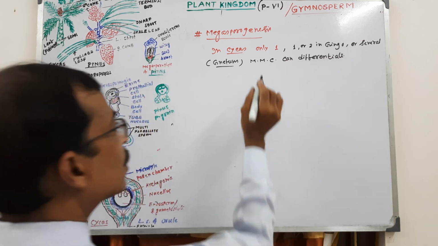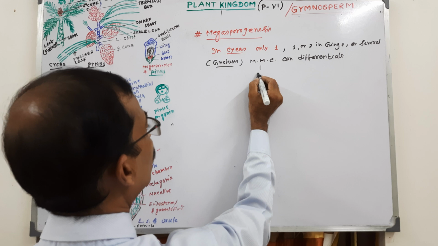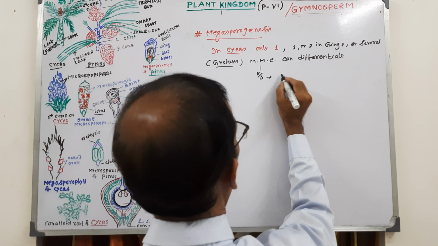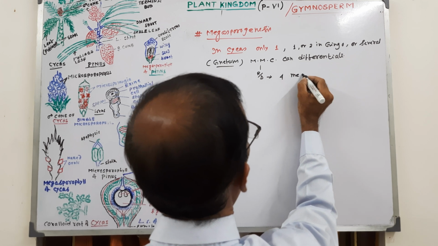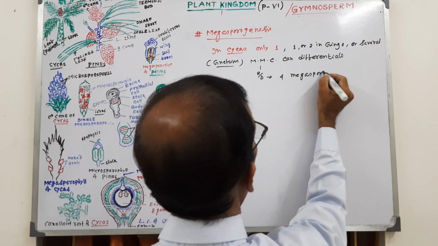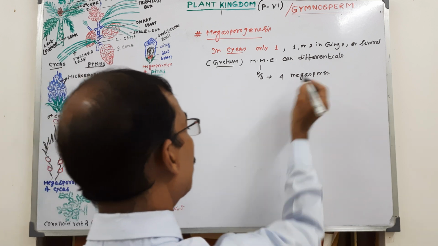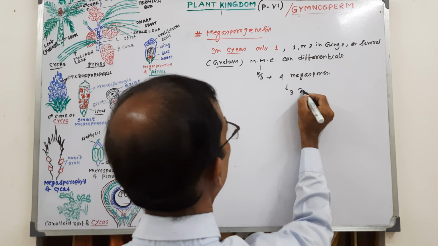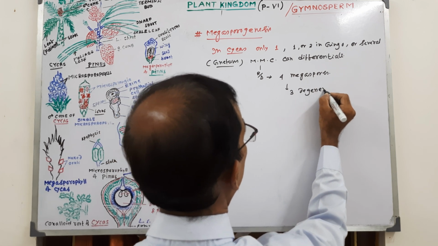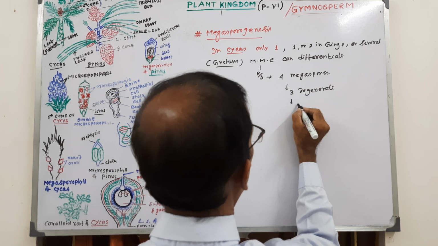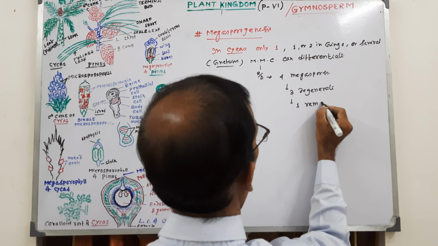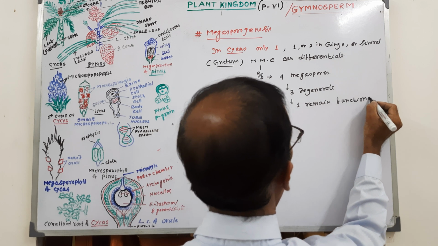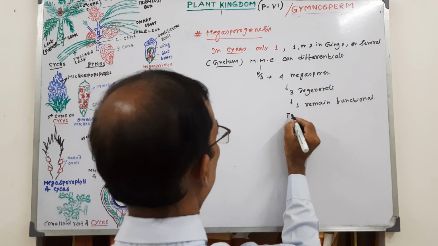This megaspore mother cell undergoes reductional division and forms four megaspores. Of the four megaspores, three degenerate, one remains surviving, that is, the functional megaspore.